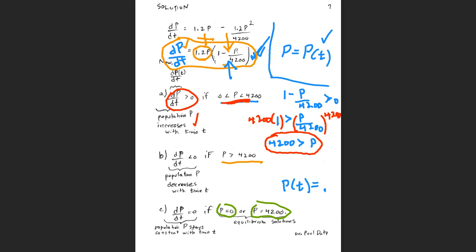But notice we still don't know a formula for the population. But it's okay, because the fact that we know the differential equation allows us to qualitatively study this population function P of t, even though we don't know the formula. In fact, I can even graph the population function for different initial values of the population. So on the next page here, if we're good, I'll go to the next page.